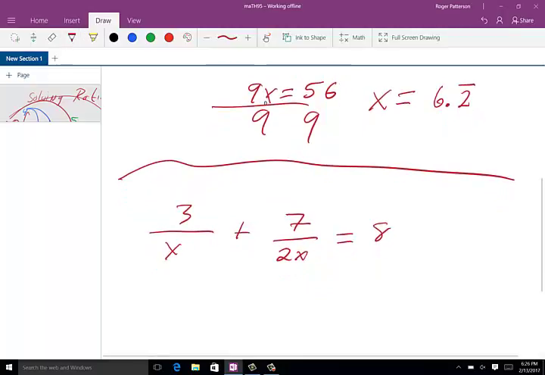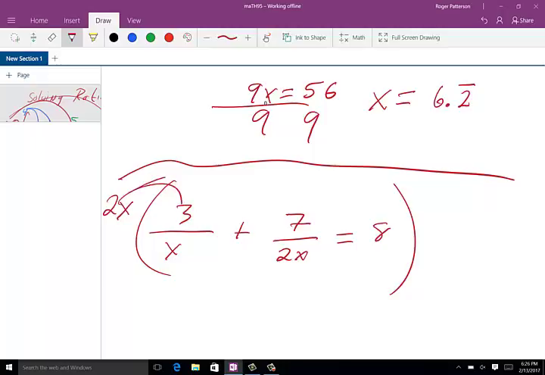Again, we want to find that common denominator, the thing we're going to multiply by. What would be our common denominator in this case? Not just x, but 2x, right? So that's what we're going to multiply by. We're going to multiply by 2x to each and every one of these things.